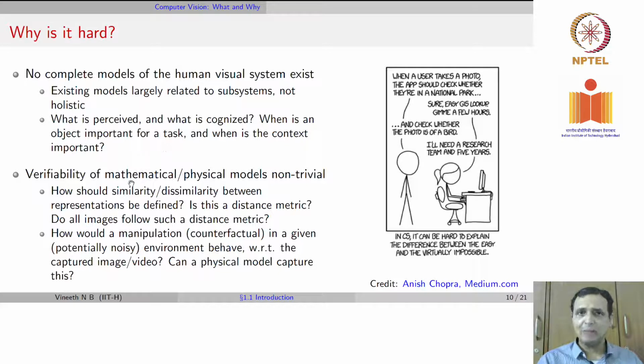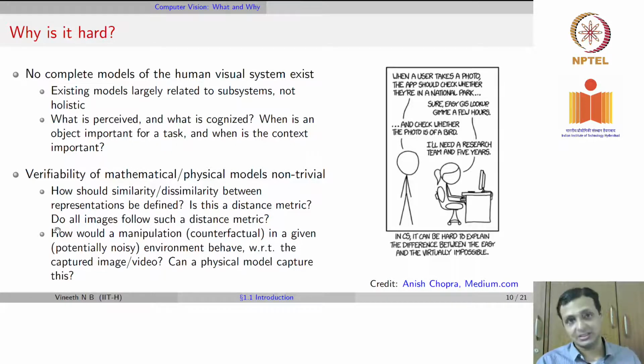Also, the verifiability of the mathematical or physical models for these kinds of systems is non-trivial. For example, if you found a good way to represent an image as a low-dimensional vector, how should similarity or dissimilarity between representations be defined? Would that be a proper distance metric mathematically?